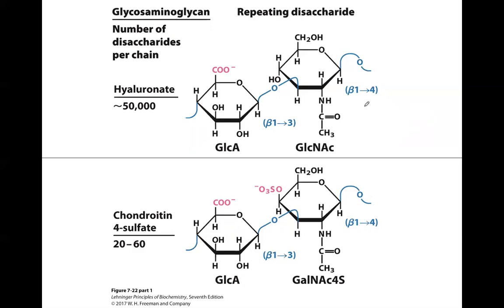All right, so these glycosaminoglycans, one is hyaluronate. For example, you can buy this at the pharmacy, right? If you have issues with joints. Arthritis, for example. Remember arthritis. What does arthritis do to your joints?